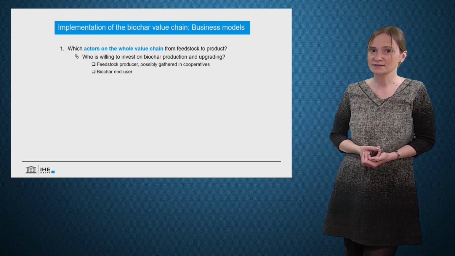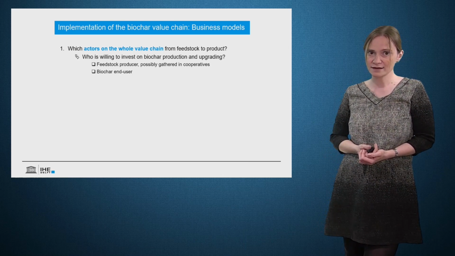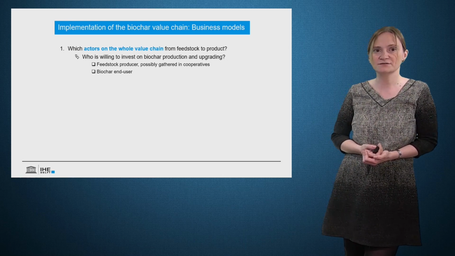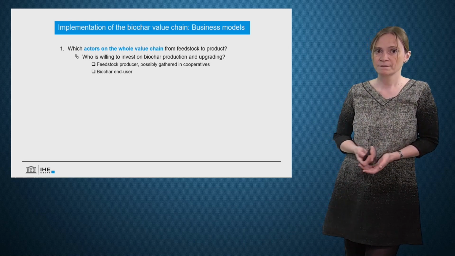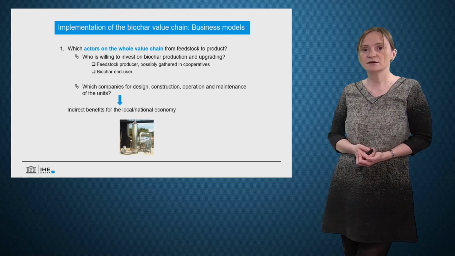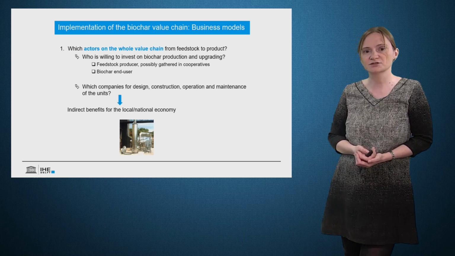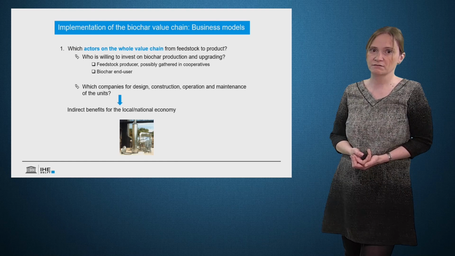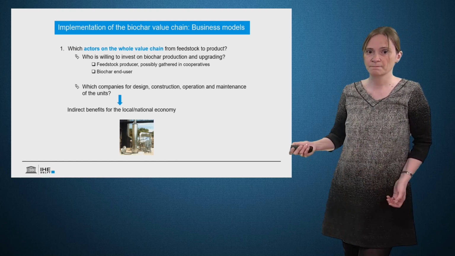Who is willing to invest in biochar production and upgrading? Is it the feedstock producer, possibly gathered in cooperatives, or the biochar end user, or new dedicated actors? And which companies for design, construction, operation, and maintenance of the units? This can lead to indirect benefits for the local or national economy.